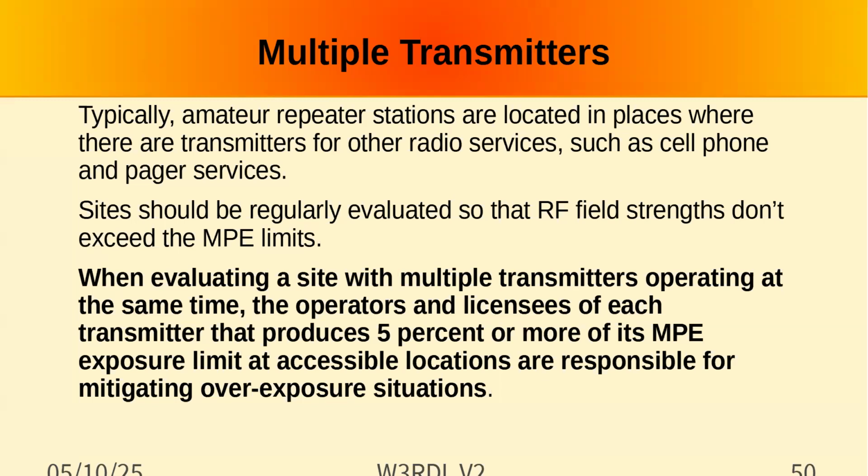If you're contributing 5% or more of the radiation in that area, then you're also responsible for making sure that you're not exceeding the permissible limits. It's kind of a confusing thing, and I don't know how you work it out, but it's a new rule.